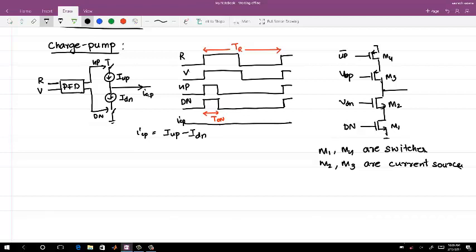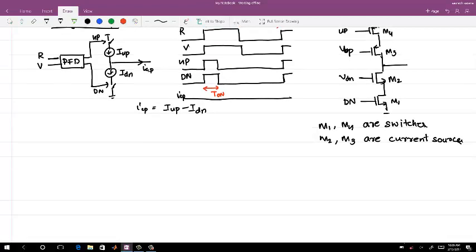So let me ask you what all things can go wrong one by one. What do you think the first one can be? Mismatch between, okay, be specific on this part. Mismatch between up and down, or mismatch between up and down current? I will see the difference.